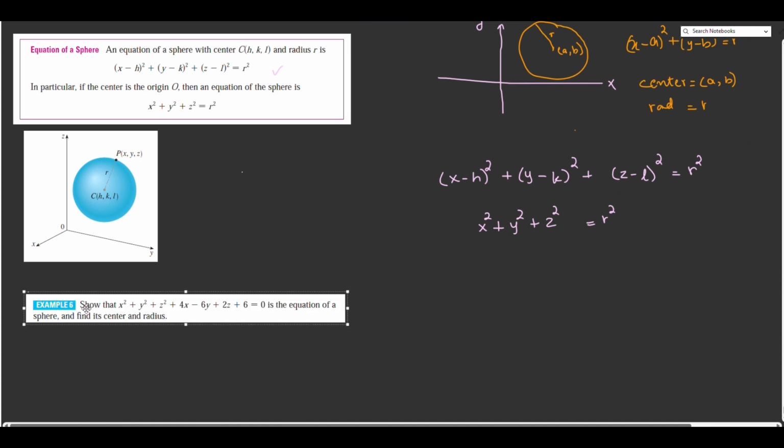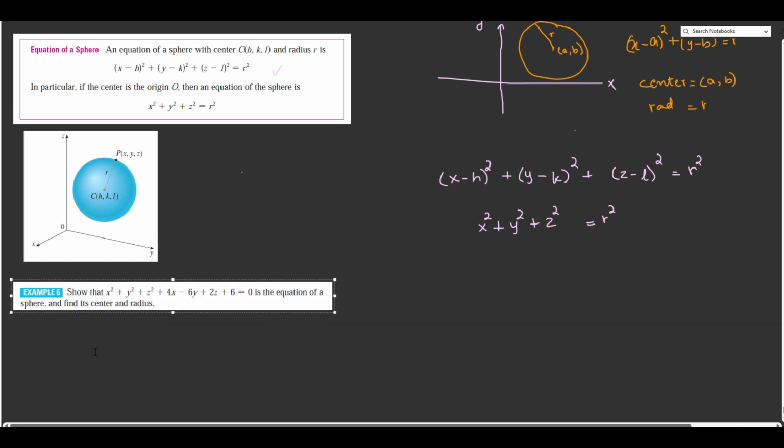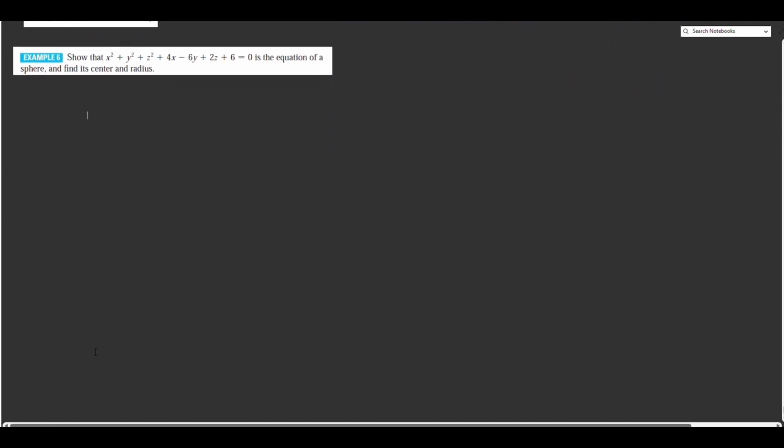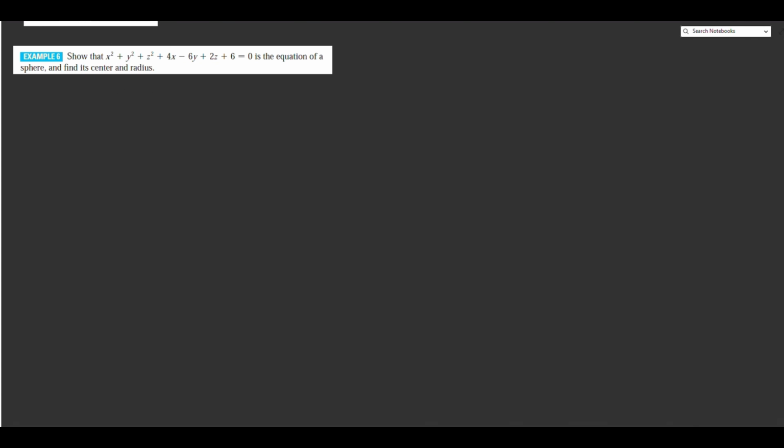Let's do this question. In example number 6, it says show that the equation x square plus y square plus z square plus 4x, and so on, is the equation of a sphere. Find its center and the radius.